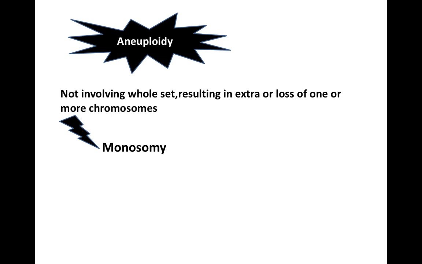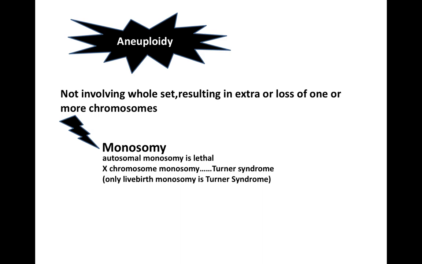If there is loss of one chromosome and you have only one copy instead of a pair of chromosomes, we call this monosomy. And monosomy, if it happens in autosomes, then it will be lethal and the embryo cannot develop and it will cause early abortion.